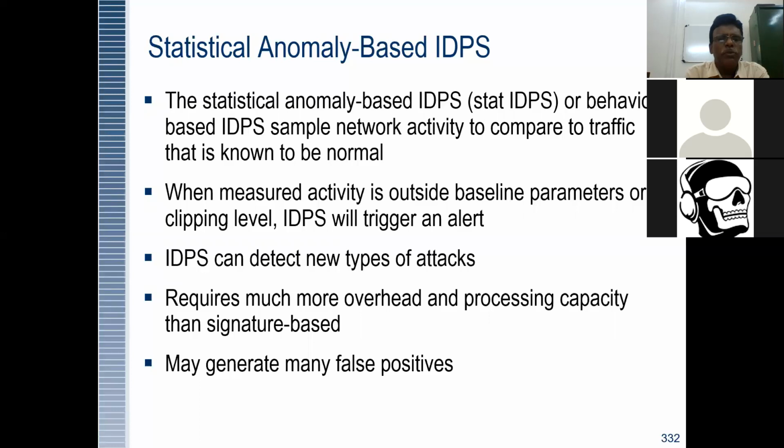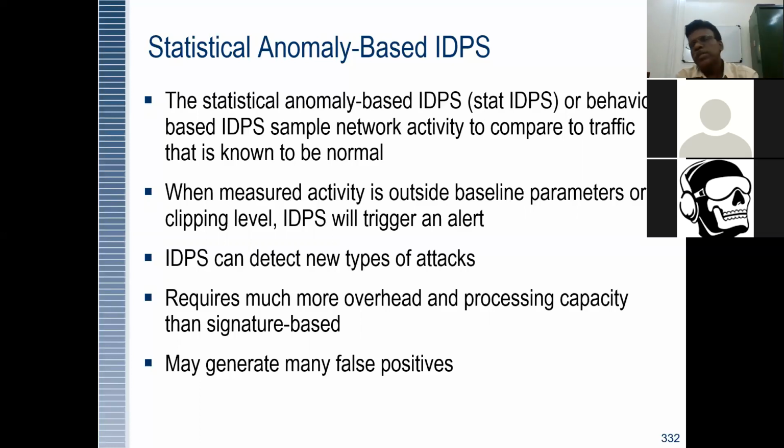IDPS can also detect new types of attacks. See, keep in mind, attacks can happen at any moment, at any position, at any logical level, but they are going to be detected with the help of detection of new types of attacks. It requires much more overhead and processing capacity than signature based.